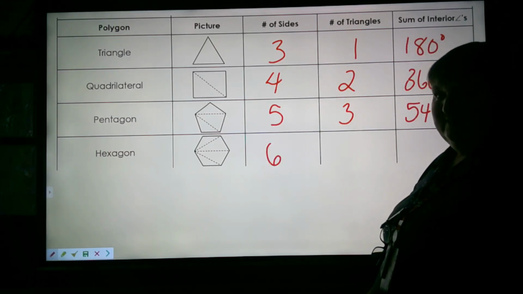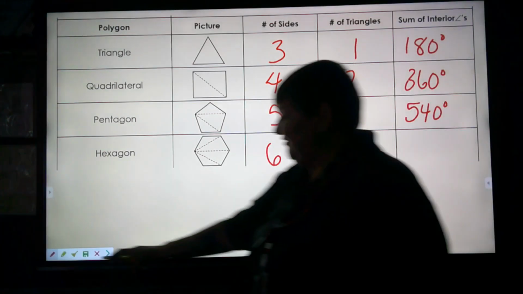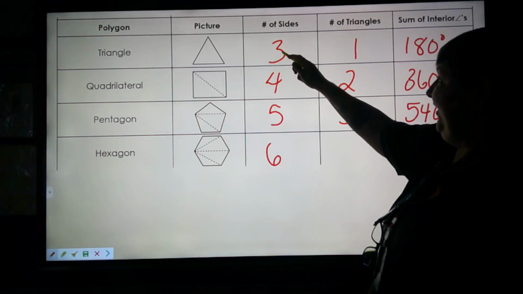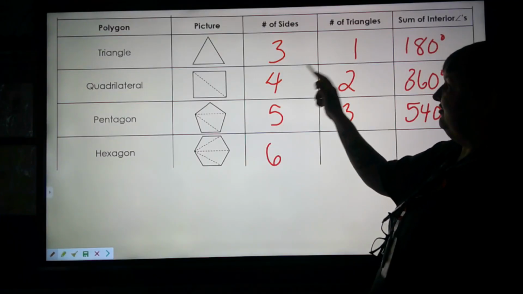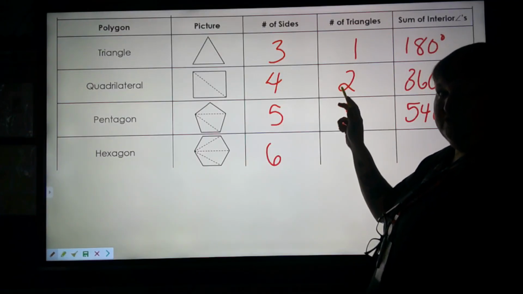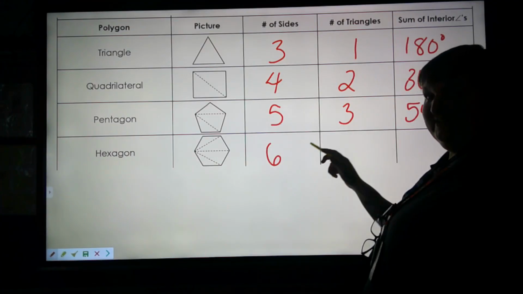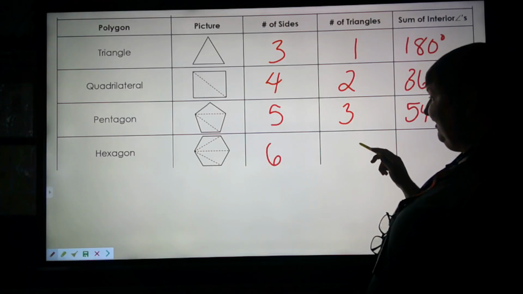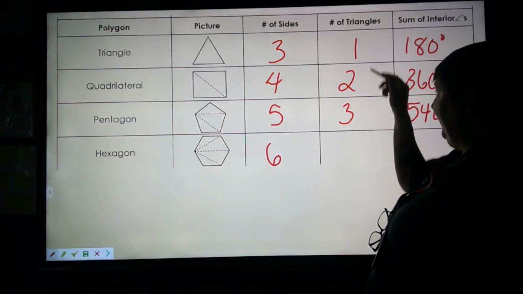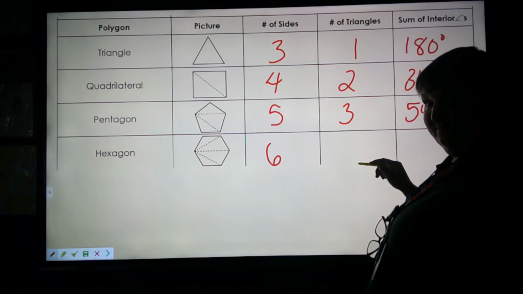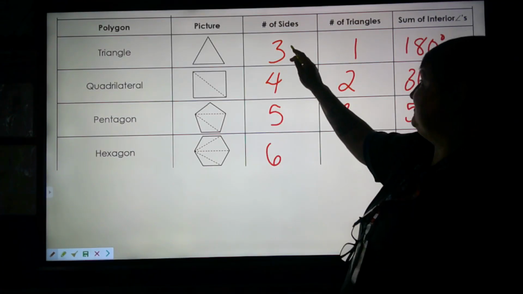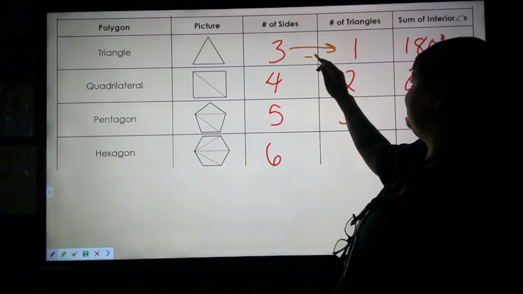And if we keep up with the pattern, we had 3 sides, 1 triangle. 4 sides, 2 triangles. 5 sides, 3 triangles. 6 sides, the pattern is 4 triangles, 1, 2, 3, 4. But also the pattern is that to get from here to here, we subtracted 2.